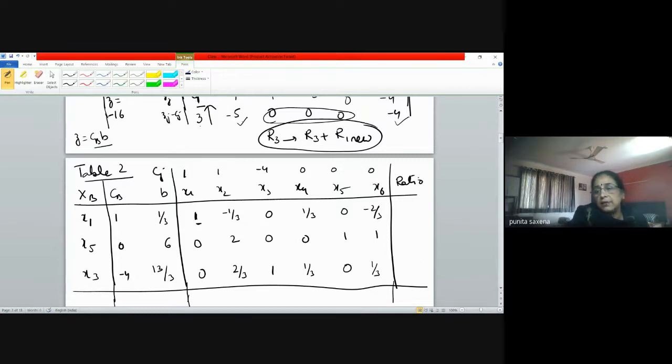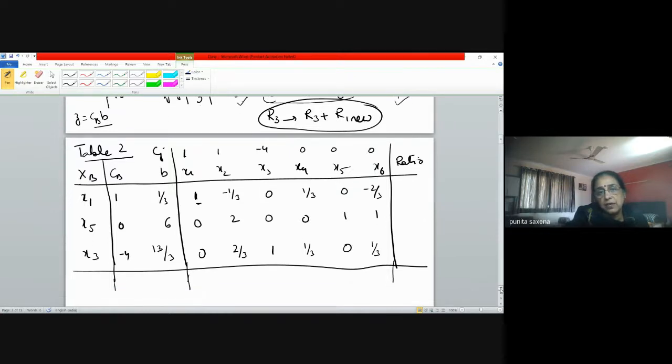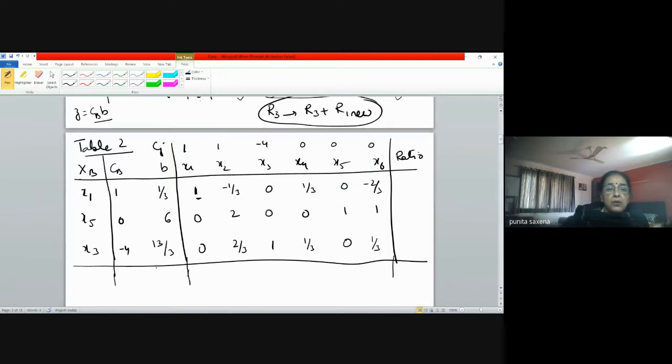Is this okay? You have to be quick in your calculations. I can't help that. Okay, now we do the same things, z, zj and zj minus cj is here. Okay, so again, what is z? cB into b, so it's 1 into 1 by 3 plus 0 minus 4 into 13 by 3.